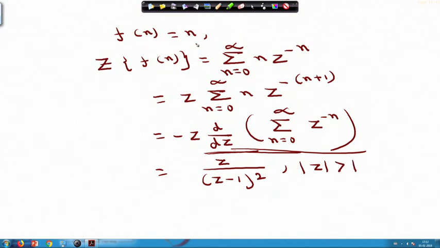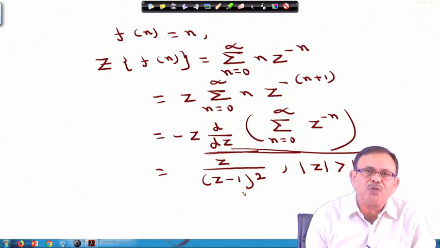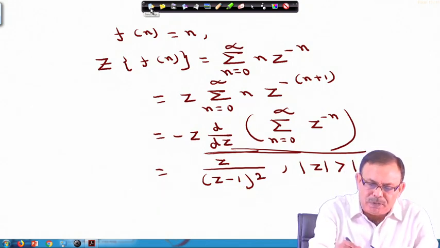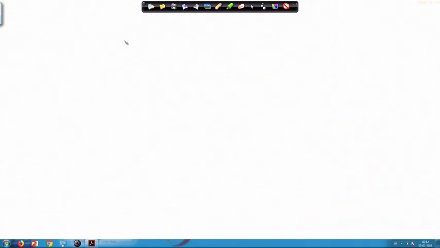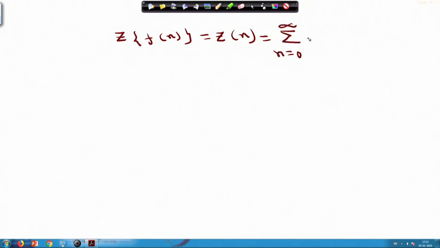So whenever f n is equal to n, the z transform of f n equals z by z minus 1 whole square. Alternatively, if you do not want to do it like this, the z transform of f n, that is n, from the definition equals the summation n equals 0 to infinity of n z to the power minus n.